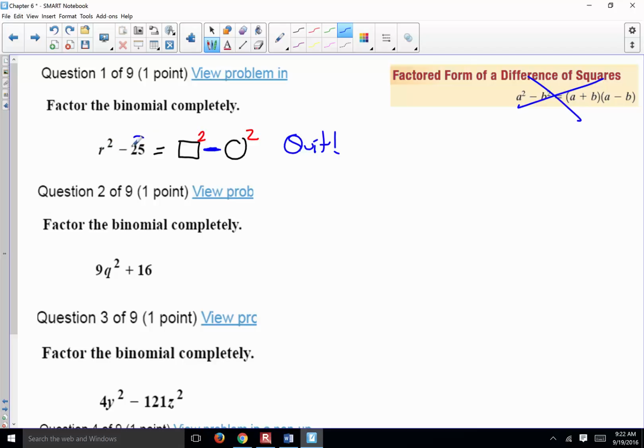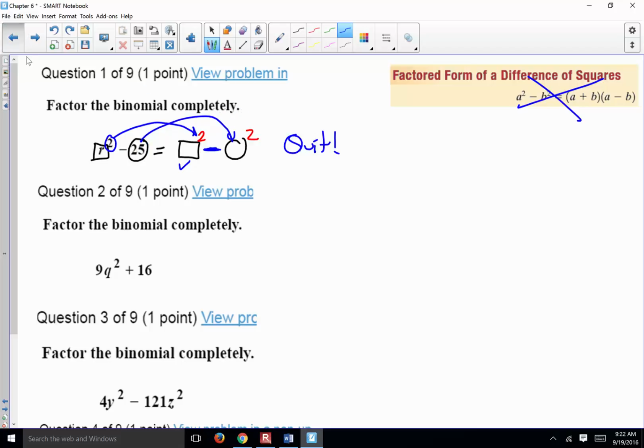Do you see a square here? This is your circle. This is your box. Yeah, the box has a square here. But do you have a square in the second one? Although initially you're not presented with a square here, you can make 25 into a square.